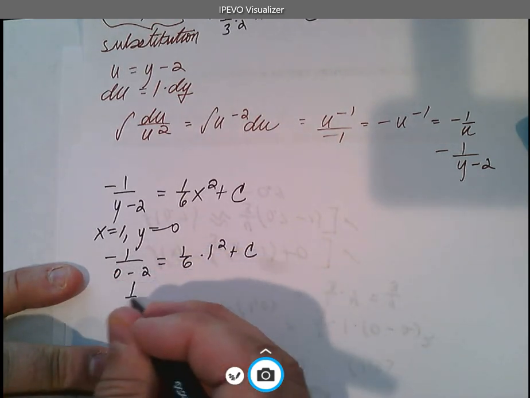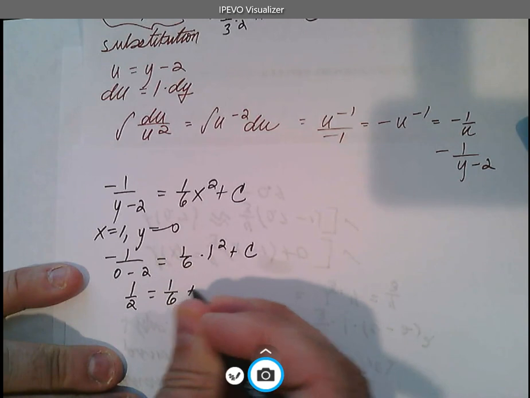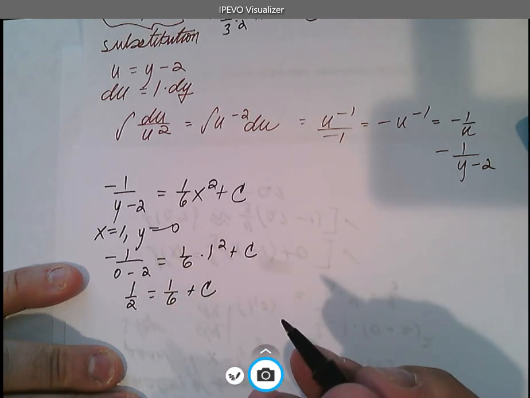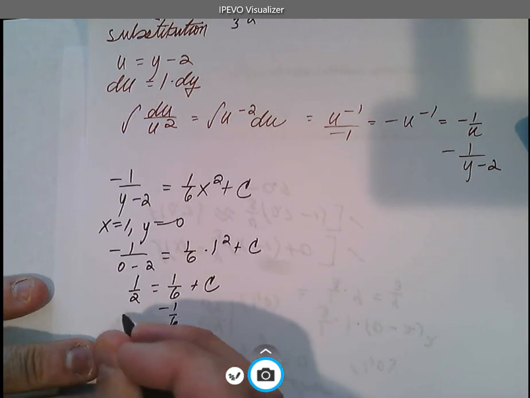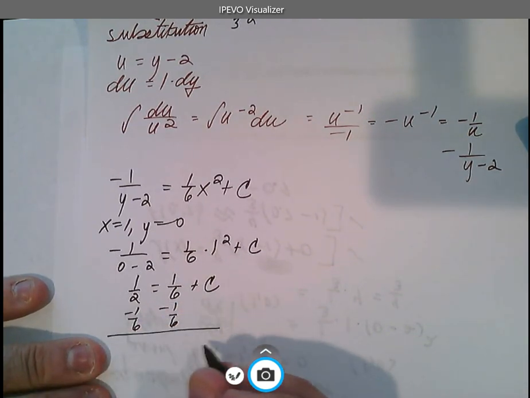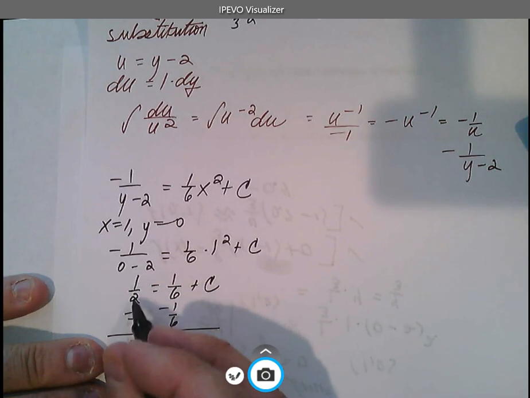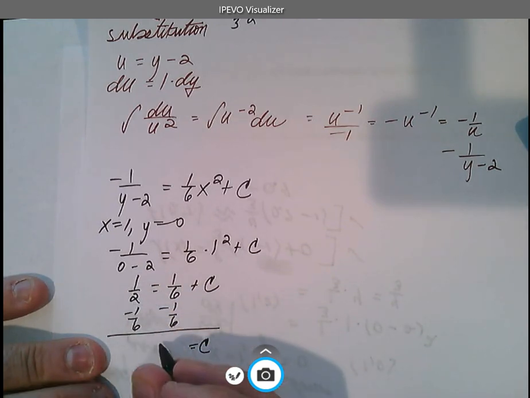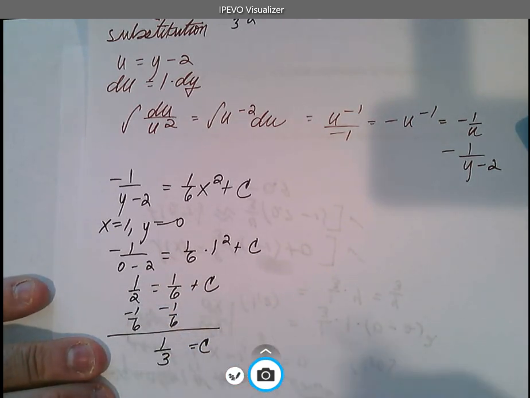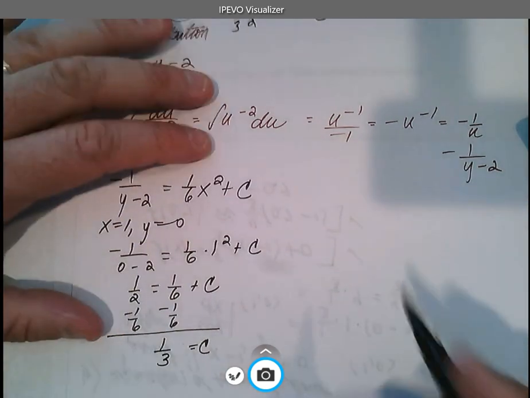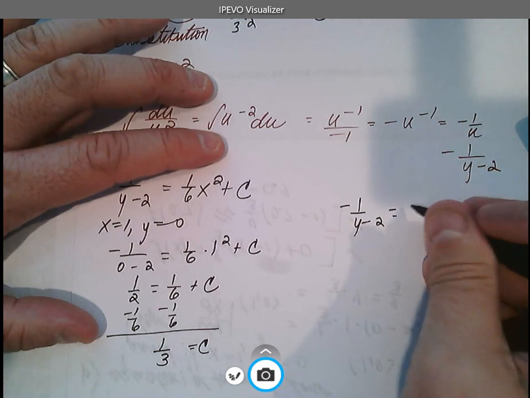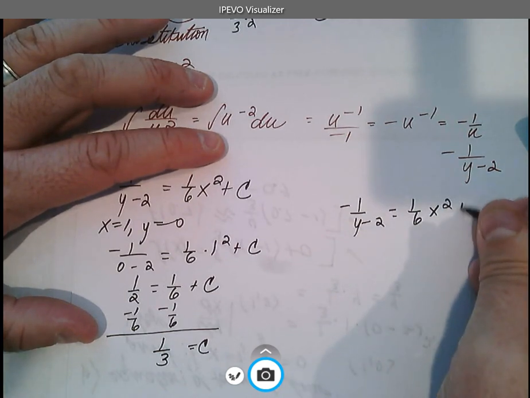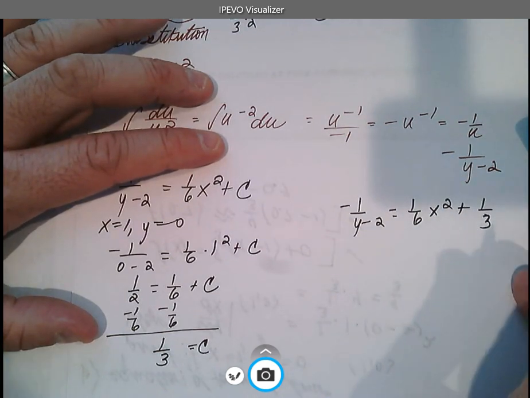Negative 1 over (0 minus 2) is a half, equals 1/6 plus c. If I subtract a sixth from both sides, 1/2 is 3/6 minus 1/6 is 2/6. 2/6 is really 1/3. We get negative 1 over (y minus 2) equals 1/6 x squared plus 1/3.